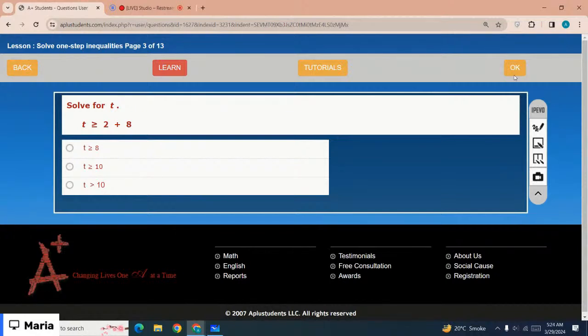Option number 2 is the correct option, right? T is greater than or equal to 10.